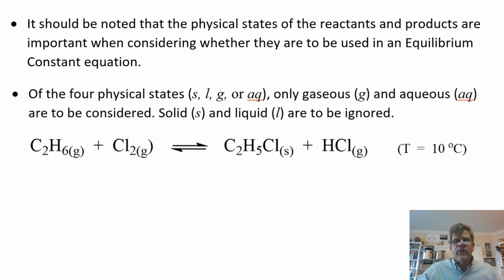So there are 4 physical states, solid, liquid, and gas, that we're concerned with, as well as the dissolved state, aq. That usually expresses a dissolved state within water as a solvent.